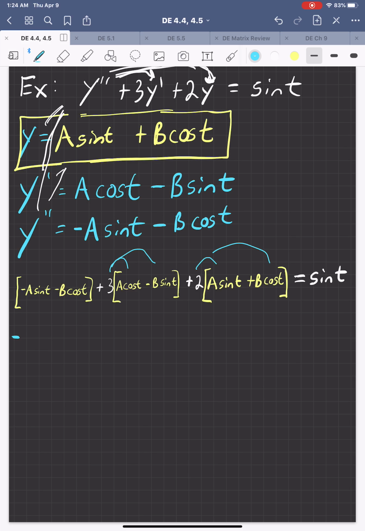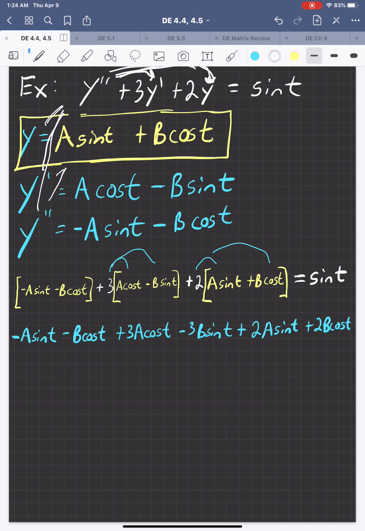So this is negative a sine of t minus b cosine of t plus 3a cosine of t minus 3b sine of t plus 2a sine of t plus 2b cosine of t. Now I know that it's equal to sine, so I'll get us there in just a second.